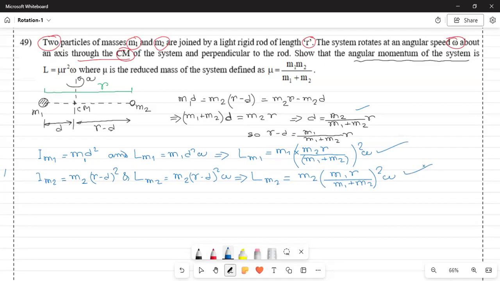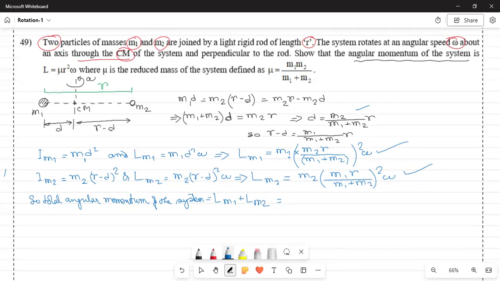So the total angular momentum of the system is the summation of these two. Total angular momentum of the system is equal to the angular momentum of the mass M1 plus the angular momentum of the mass M2. If you add these two, what do you find?